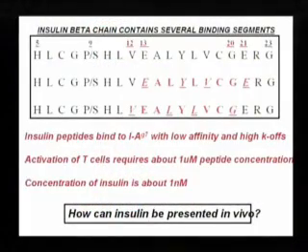Activation of the T cells actually requires about 1 micromolar peptide concentration. And the concentration of insulin in blood, I am told, or in extracellular material, is about 1 to 2 nanomolar. So how can you get this? At this concentration and with very low affinity, and the concentration that you need is so high.